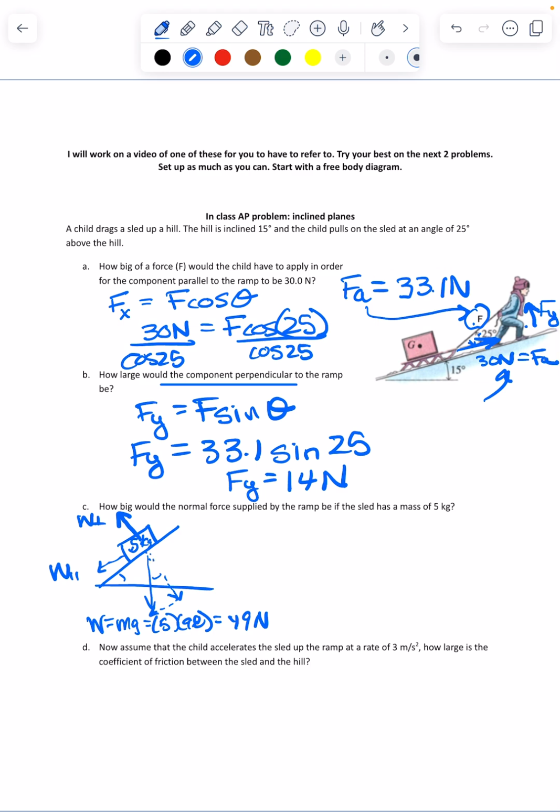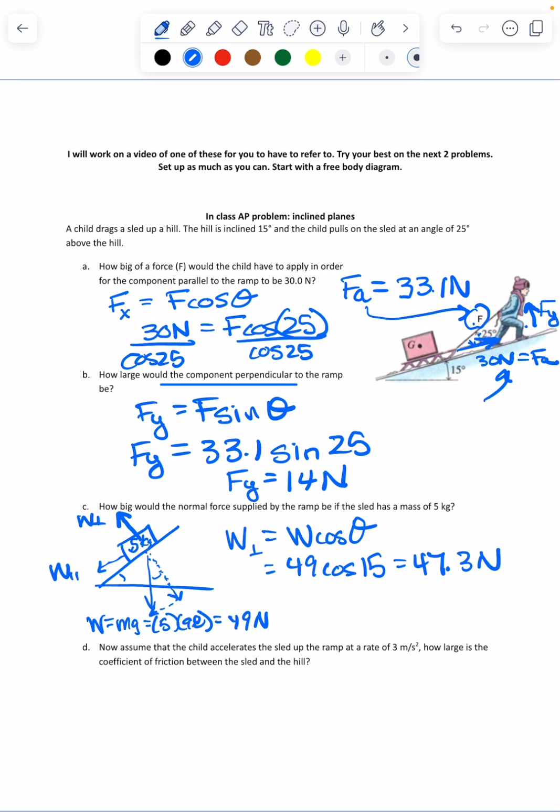So the perpendicular component, the normal part, is now actually adjacent. So adjacent, again, is the cosine. So weight perpendicular is equal to the weight times the cosine of the angle. So I know that my weight is 49. I know the angle of the ramp is 15. So 49 cosine 15 is 47.3 newtons.